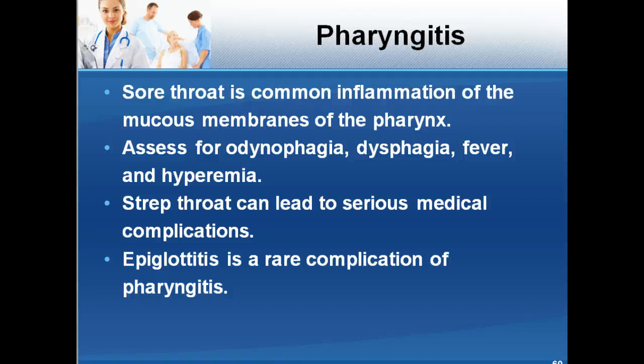And then, like with anything else, y'all gotta keep in mind respiratory, maintain that airway. Okay, pharyngitis is sore throat, a common inflammation of the pharynx. So know that that's what that is. Usually odynophagia, dysphagia, fever, and hyperemia, or various signs.